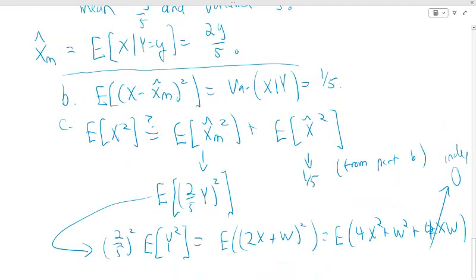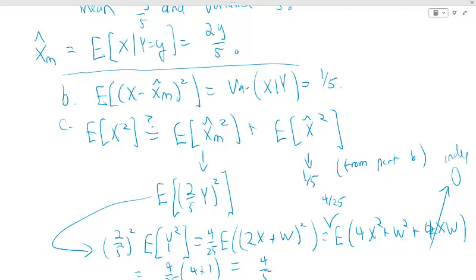And let me not forget the 2/5 squared, so that's 4 over 25. Now we know the expectation of x squared is just 1, and the expectation of w squared is also 1. So that's equal to 4 over 25 times 4 plus 1. So that's 4 over 25 times 5, which is 4 over 5.